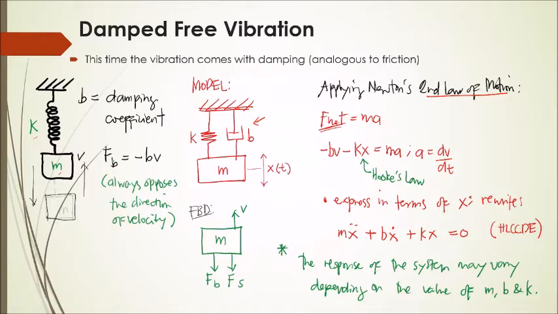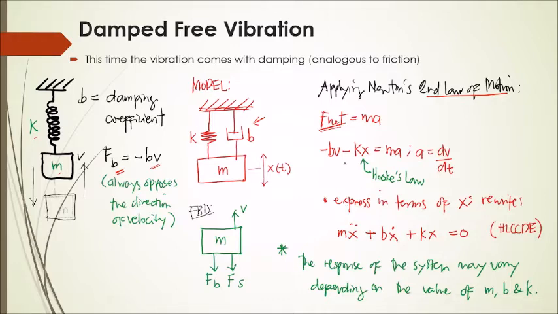So mura sa check sa spring. Okay, and then negative gihapon. So we have negative bv minus kx, which is Hooke's law for the spring, is equal to mass times acceleration, where a is the derivative of velocity.